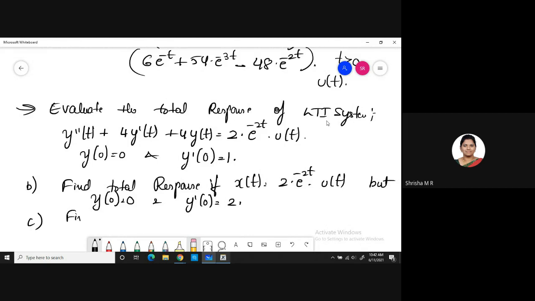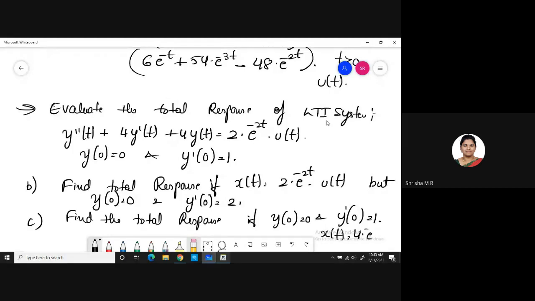Find the total response if y of 0 is equal to 0 and y dash of 0 is equal to 1, but x of t is equal to 4 times e power minus 2t into u of t. You try solving the first part; these two I will show you. If you have repeated roots, you try that. I'll solve this question in next class.